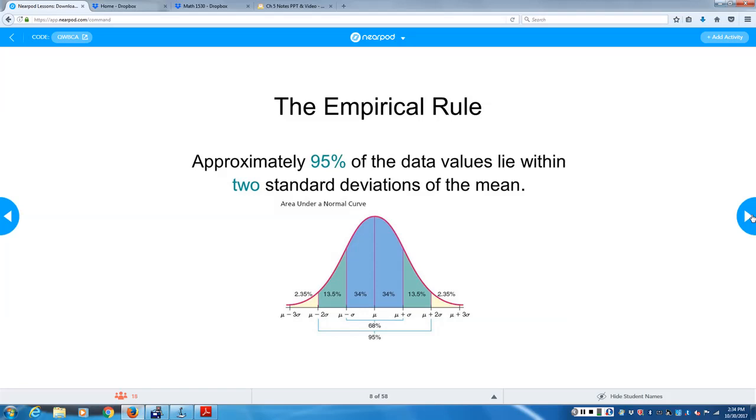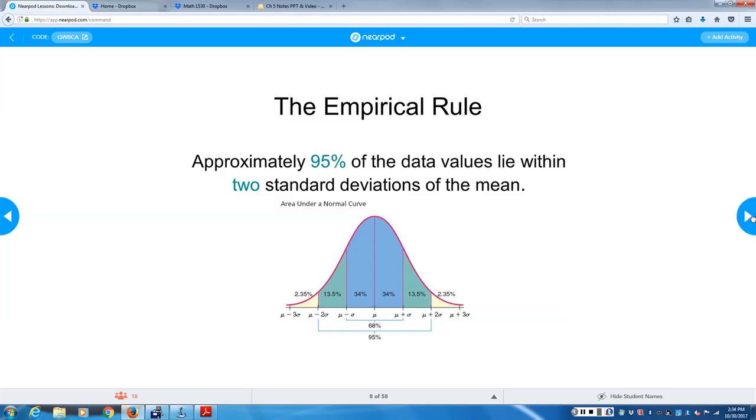If you go out an additional standard deviation, if you go down from the mean minus 2 standard deviations and up to the mean plus 2 standard deviations, that interval will contain 95% of all of your random variable values. This is the part that gives you the range rule of thumb.